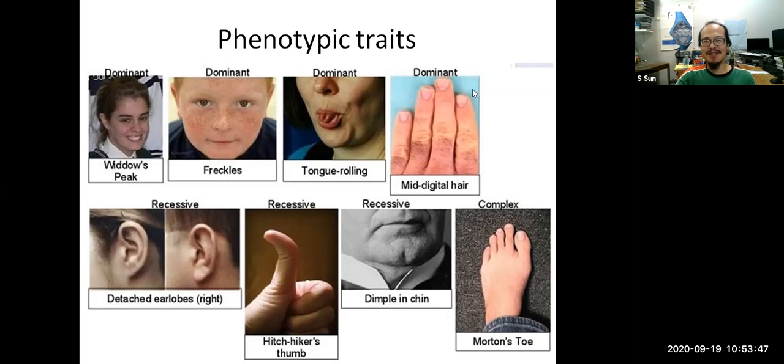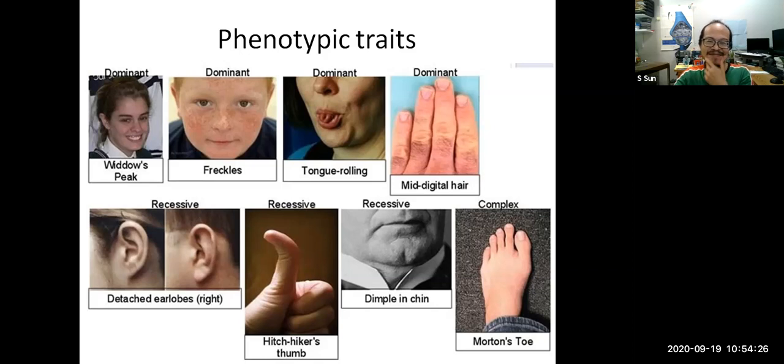Also the mid-digital hair. I don't have much hair, so I don't even have that. And also the ear lobes, right? It's really hard to say, maybe a little bit. And the thumb, right? And dimple in chin. I don't think I have it, but my kids have it. Very cute.